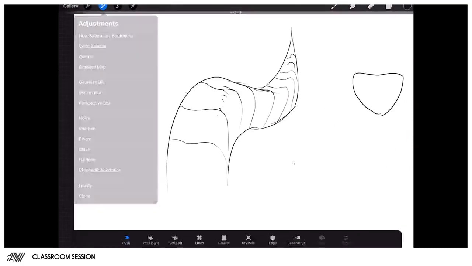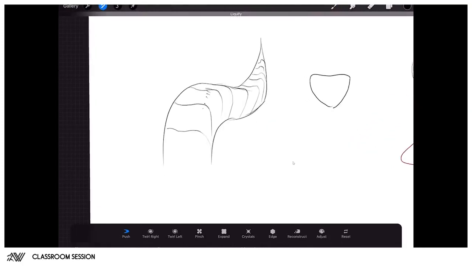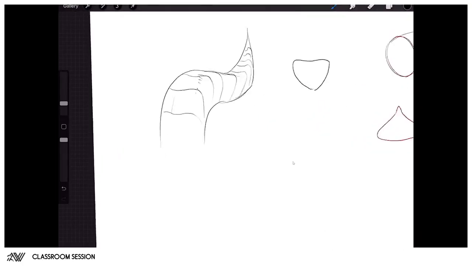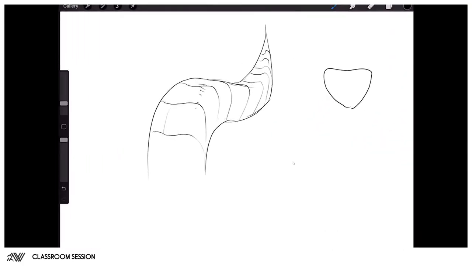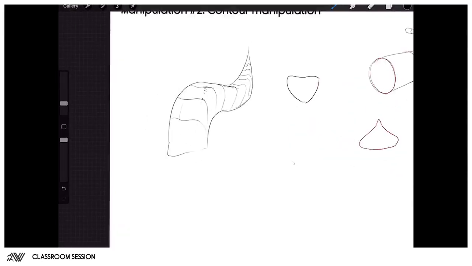Right, and this area would probably be a little flatter. Right, and then they sit on the skull.